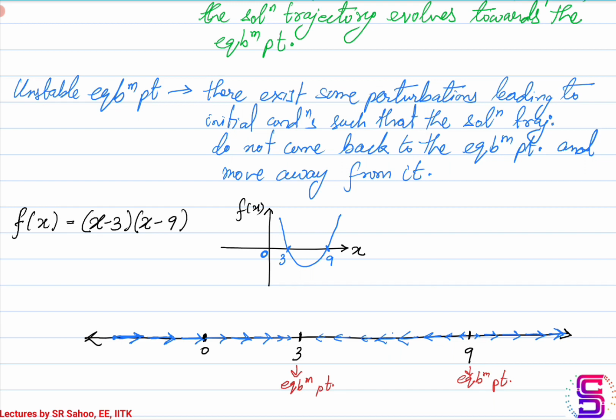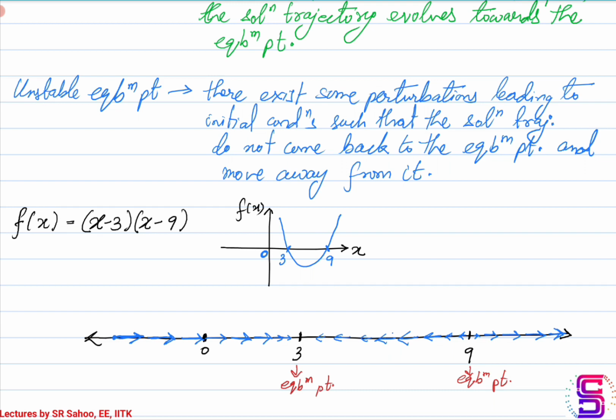Now you observe this. For any point that you start on the left of 3, the solution trajectory will evolve and the system will try to go towards x equal to 3. And for points to the right of 3 but to the left of 9, if the initial condition lies between 3 and 9, then again the system will have a tendency to move towards the equilibrium point 3.